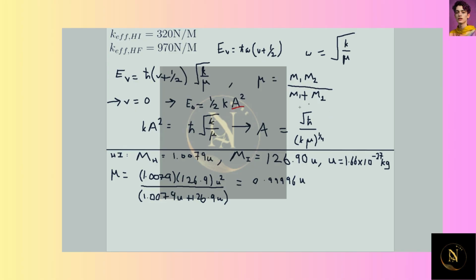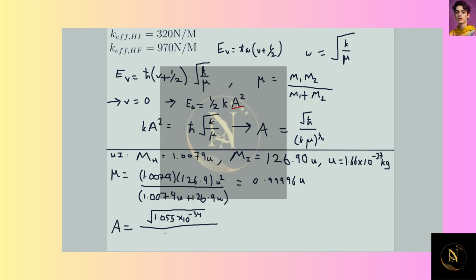So now all we need to do is substitute into our equation for the minimum amplitude. A is equal to root h bar. The value of h bar in joule seconds is 1.055 times 10 to the minus 34.